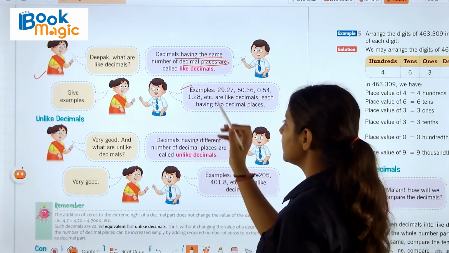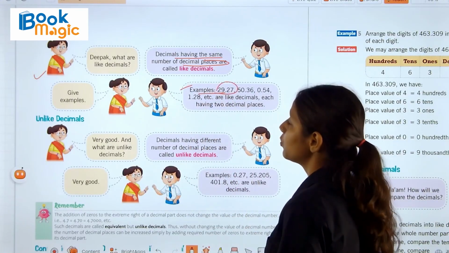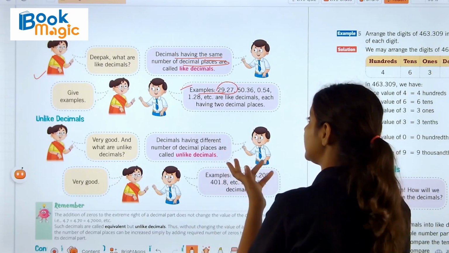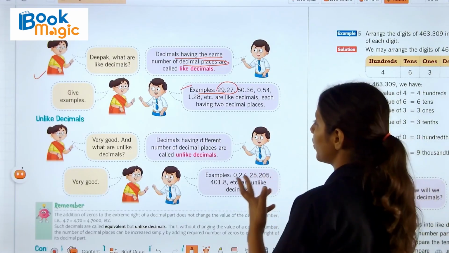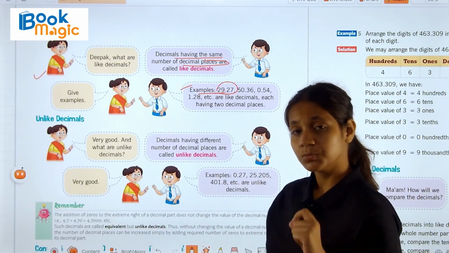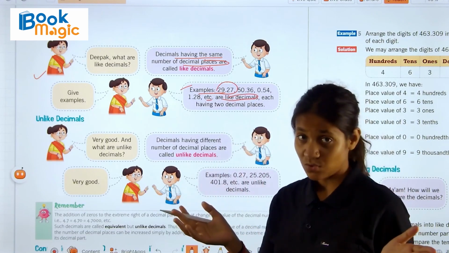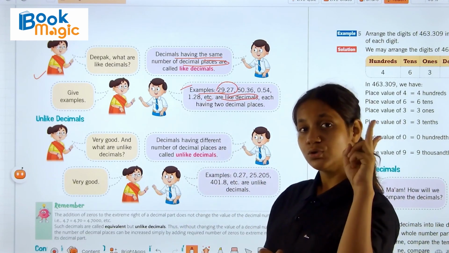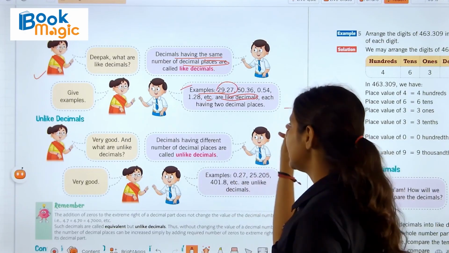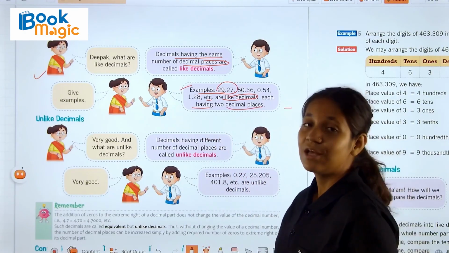Deepak said, example: 29.27, 50.36, 0.54 and 1.28 etc. are like decimals. Why so? Because each is having two decimal places.